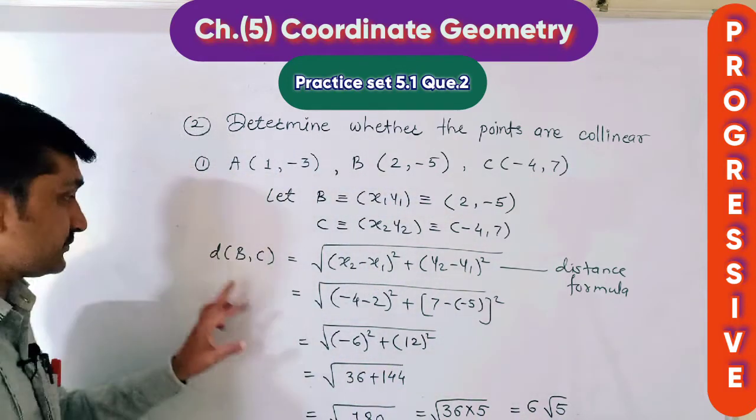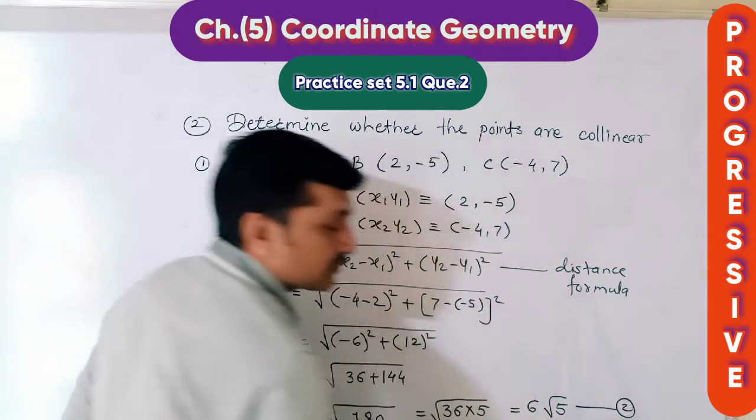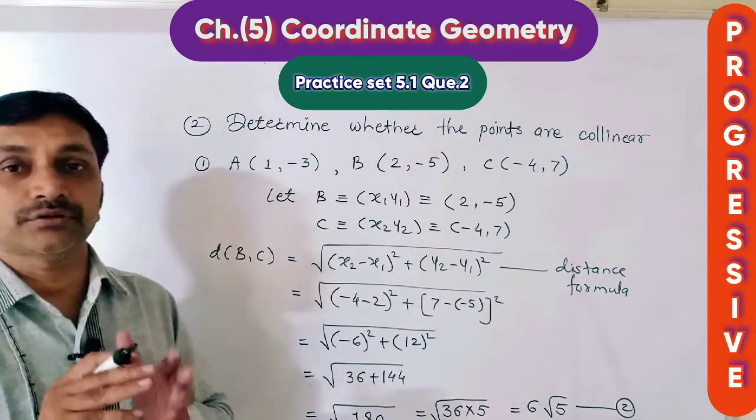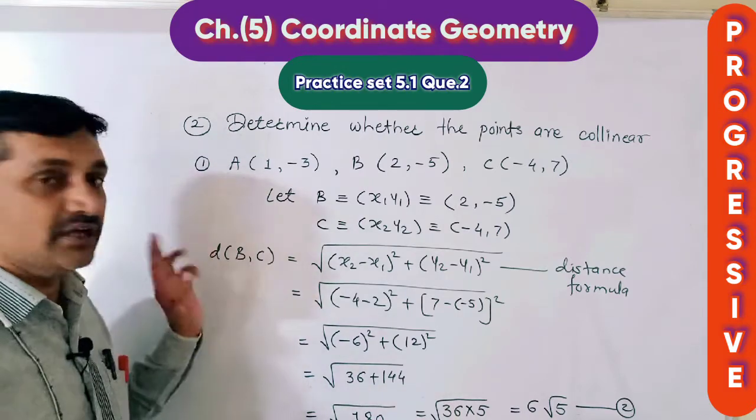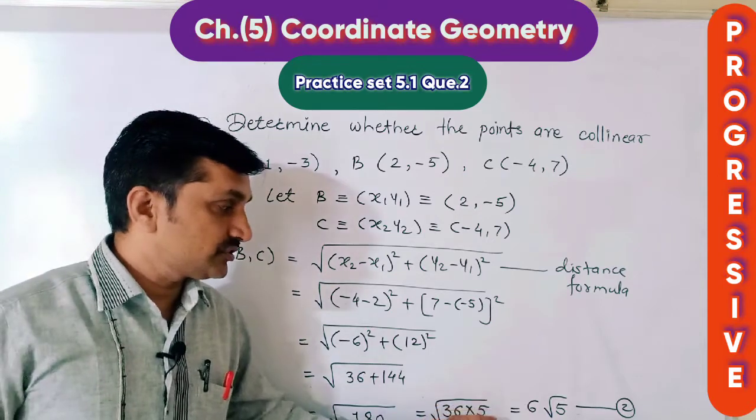This is the second distance. Distance BC is equal to 6 root 5. Give number 2. The second distance we also got. Distance AB we got root 5, distance BC 6 root 5.